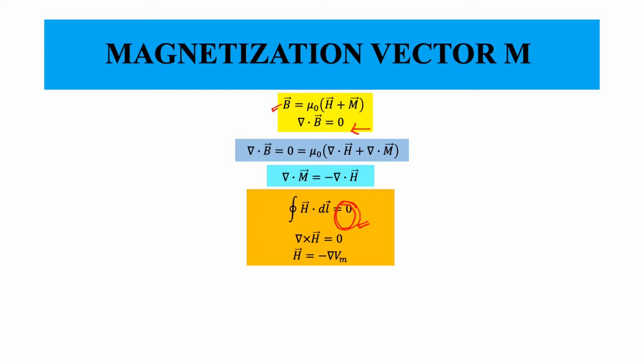So because of this, the corresponding point form for the relationship, del cross H, is equal to 0.